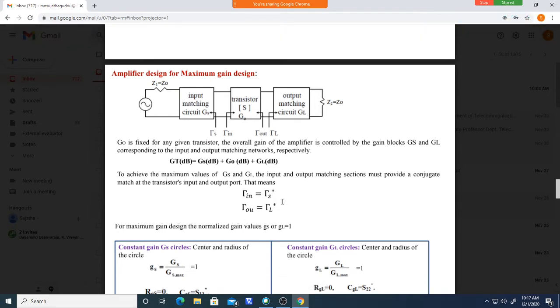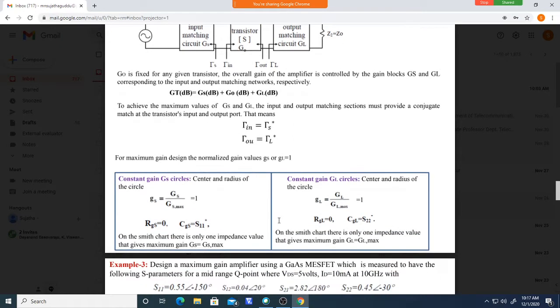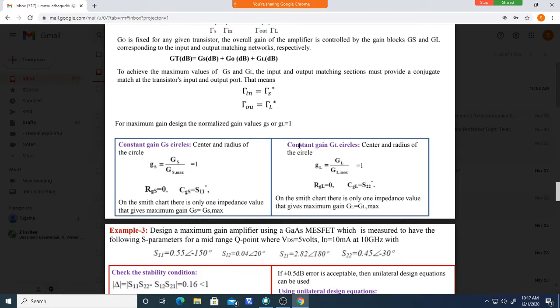You should write that tau in is equal to the complex conjugate of tau s, and tau out is equal to the complex conjugate of tau L. In such a case, maximum power will be transferred.